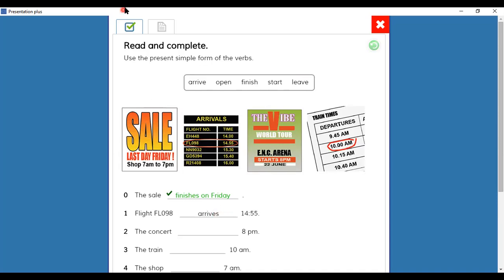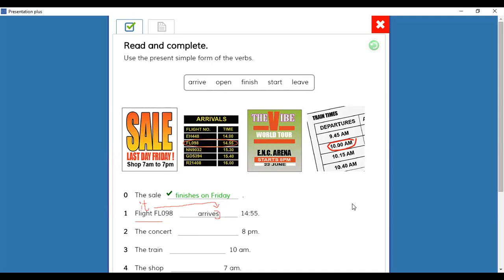Okay, we are using obviously the present simple because that is the instruction, and we have an S because flight FL 098 is an it. It's a singular noun, so we need to add the S, and also it's a positive sentence. That is the idea.